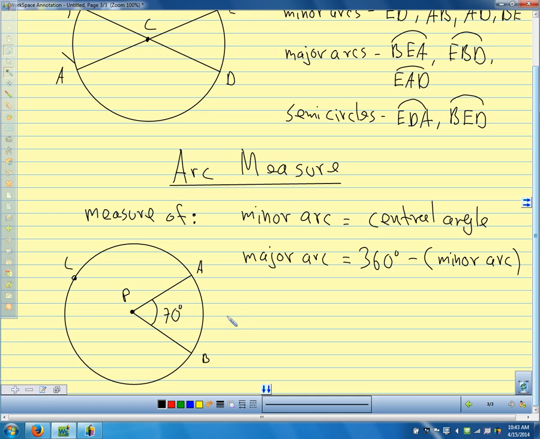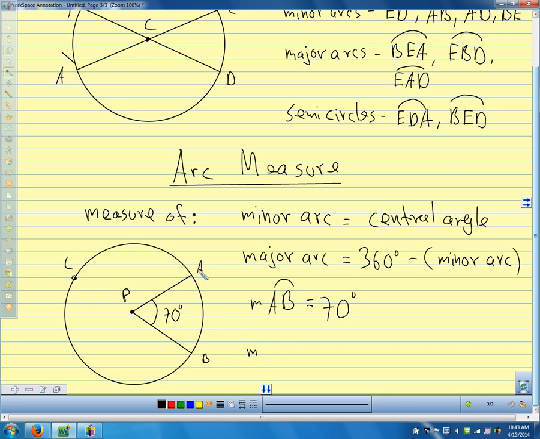So if the central angle is 70 degrees, the measure of arc AB is the same as the measure of its central angle. Measure of arc AB is 70 degrees because that central angle is 70 degrees.